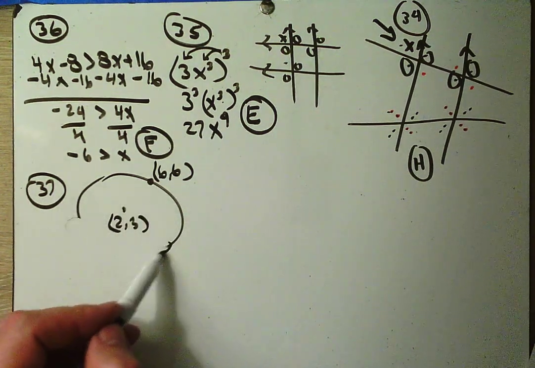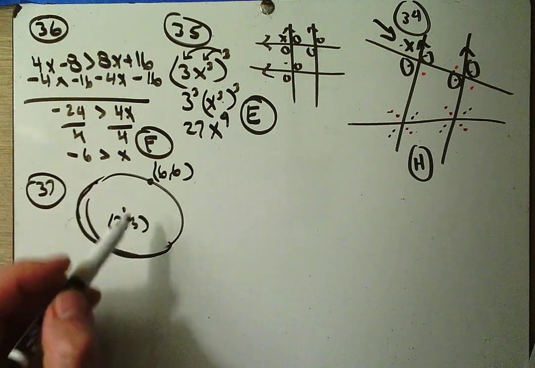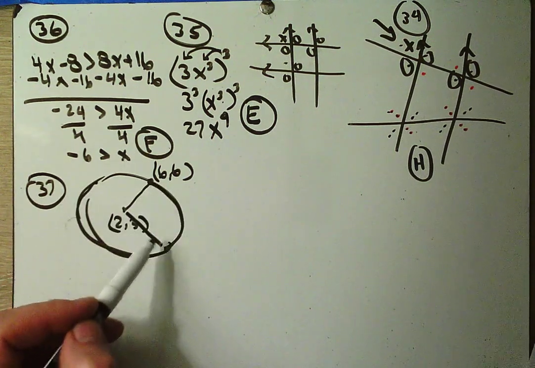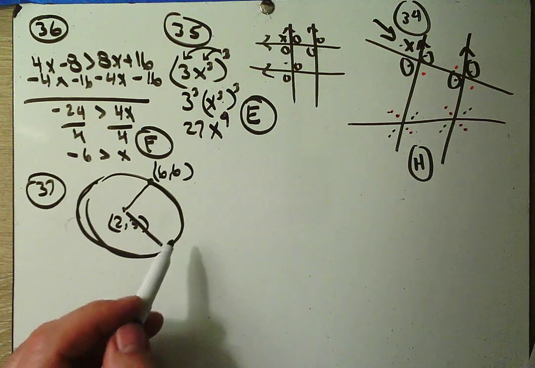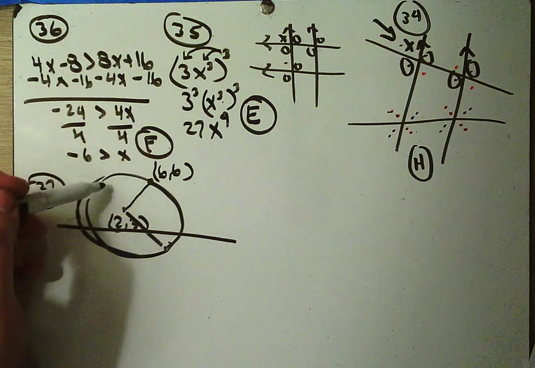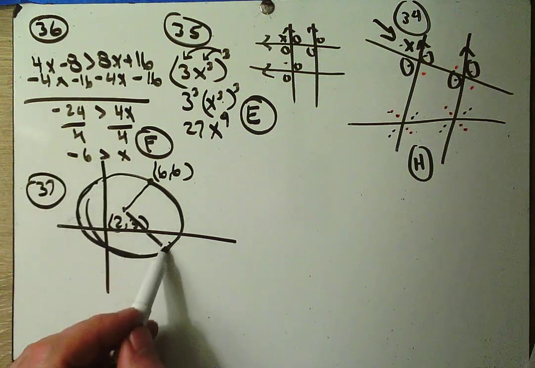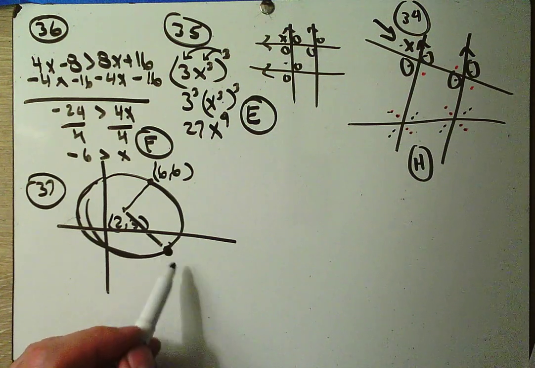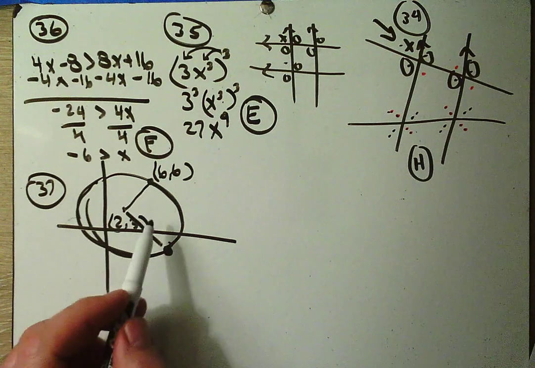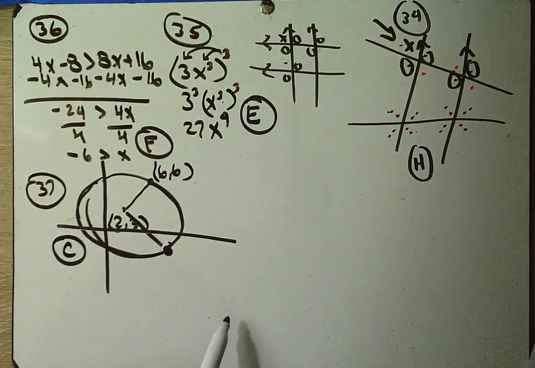Well, if I take this and rotate it 90 degrees, it's now going to be over here. So I'm looking for something here. Well, I noticed that the y value would be negative, and there's only one choice with a negative y value, and that's C. C for 37.